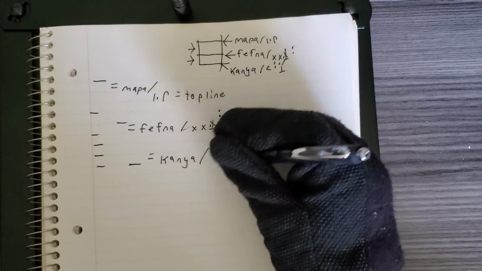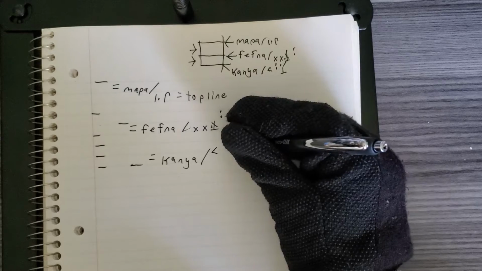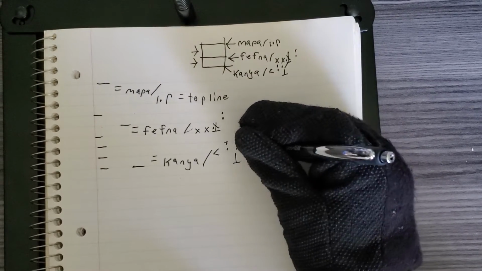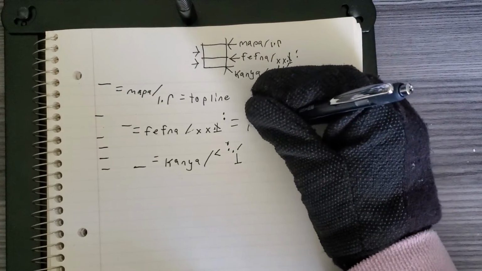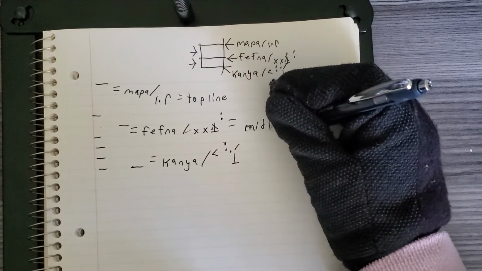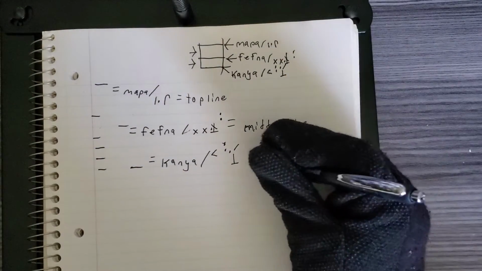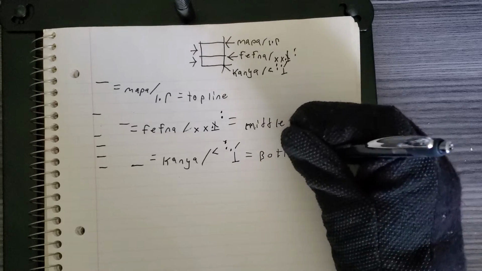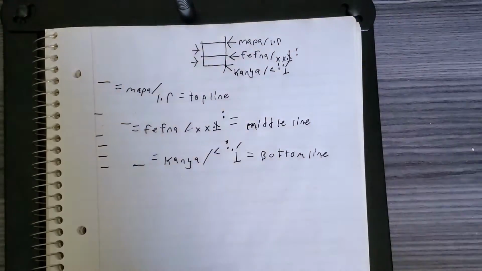In Soulvean, this is written like this. And let's go back here to fefna. Fefna equals middle line. And kanya equals bottom line.